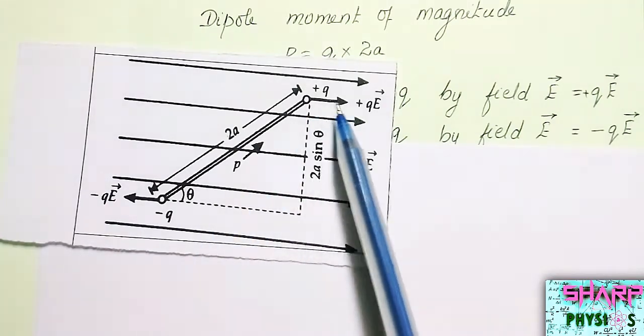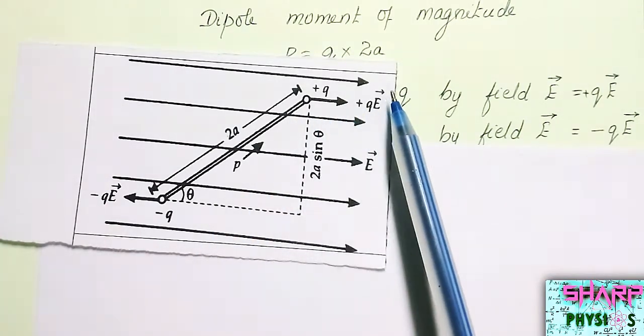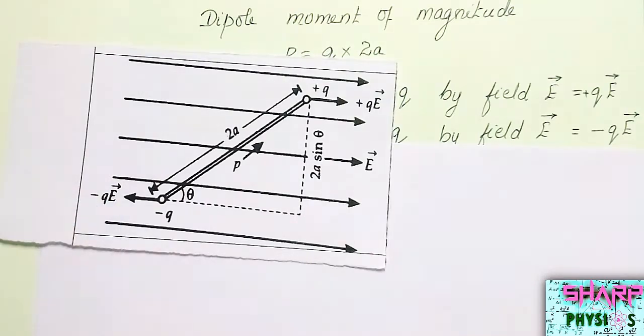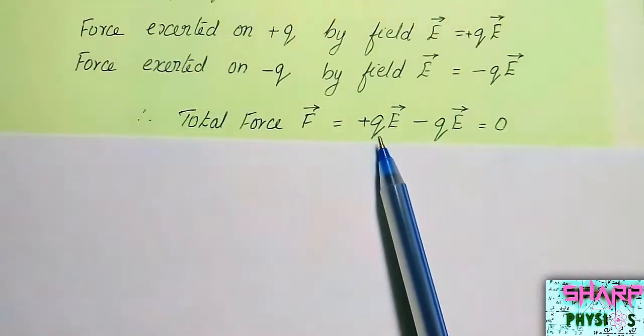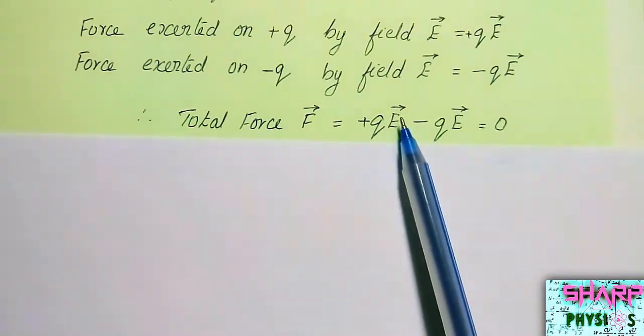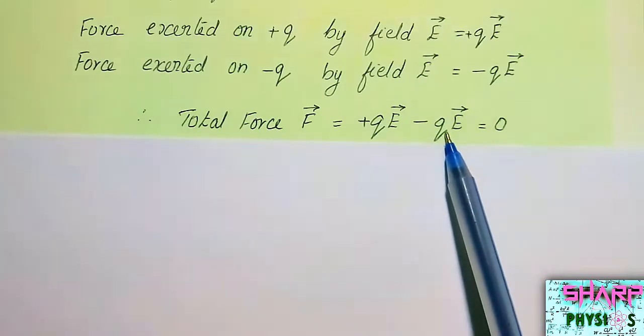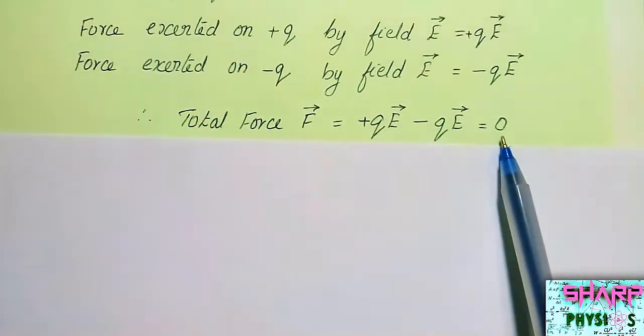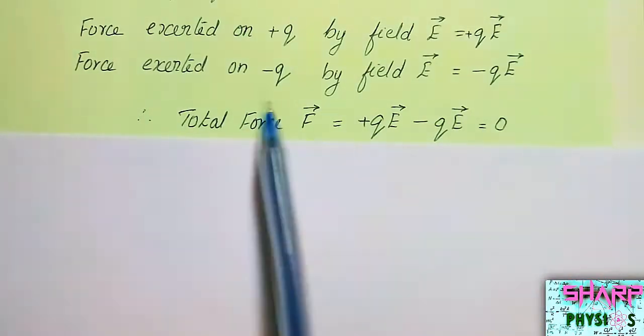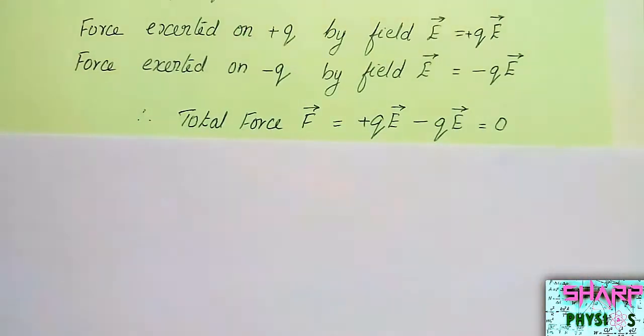Since we are mentioning direction, we have to use vectors. Therefore, the total force is plus Q E vector minus Q E vector, which is equal to 0. So the net total force will be 0.